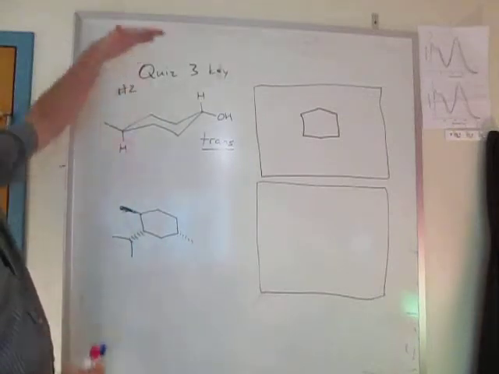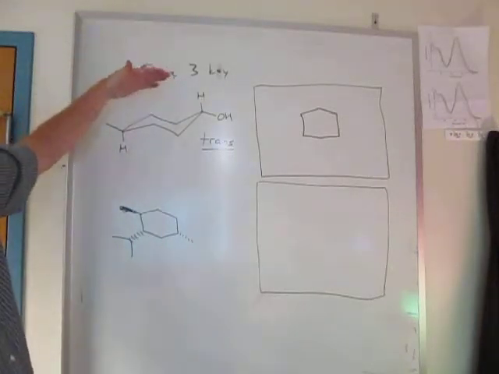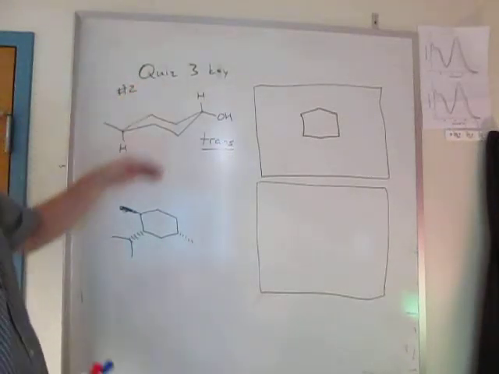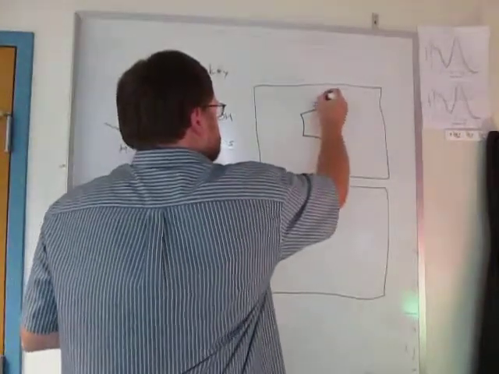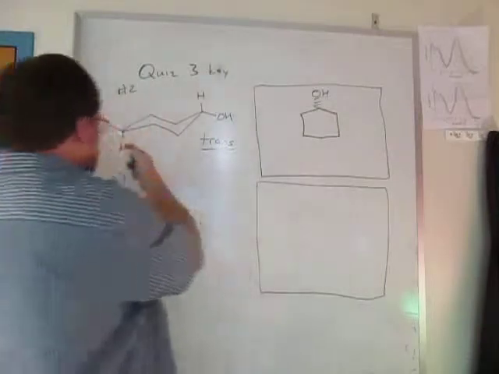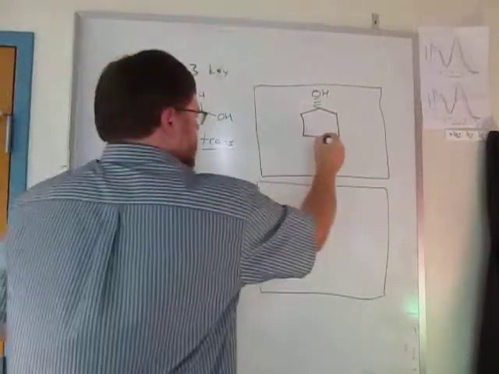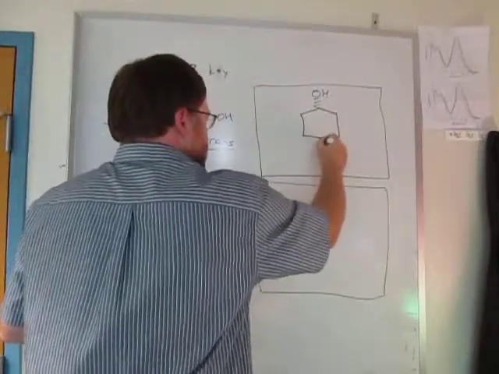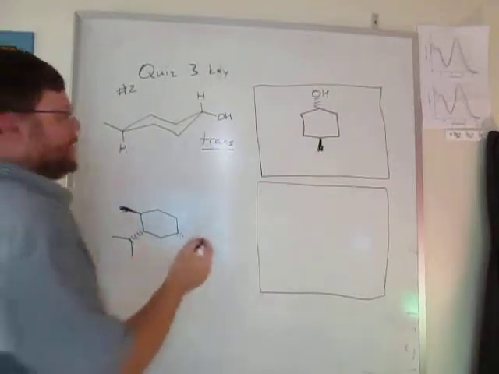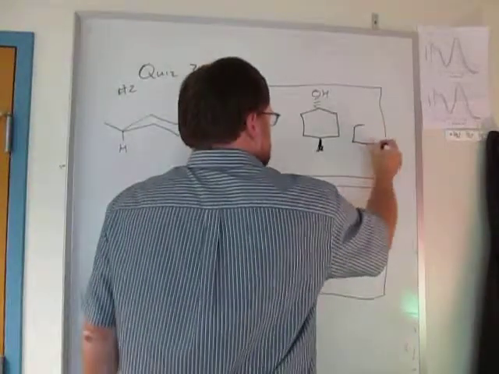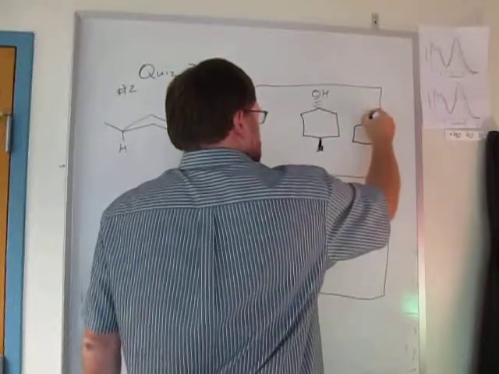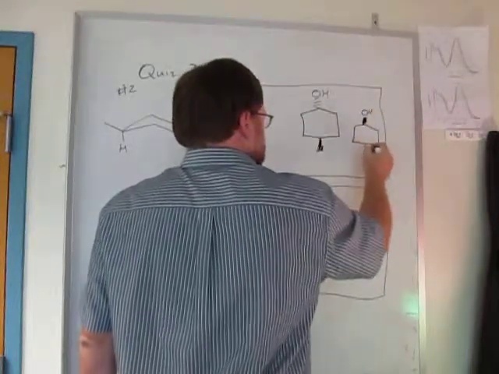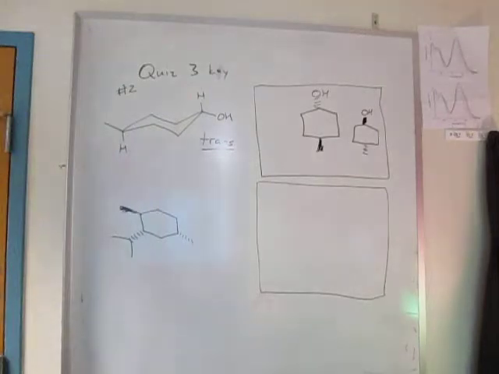If we view this cyclohexane from the top, you could view it from any angle you want, but if you view it from the top, that OH is back, and the methyl would be sticking out toward you. In any case, you could have also drawn the OH out at us and the methyl back.